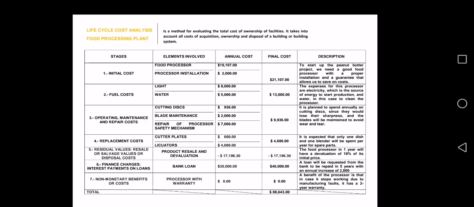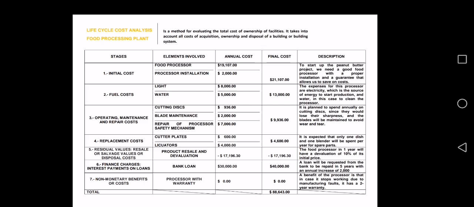And also, the third is the operating, maintenance, and repairing cost. In this case, one of the critical points is the cutting disc, the blades, and if the processor has some troubles in the working, it will be repaired.